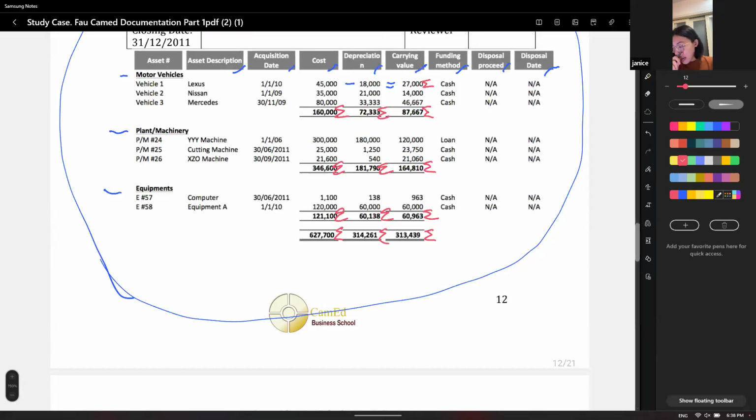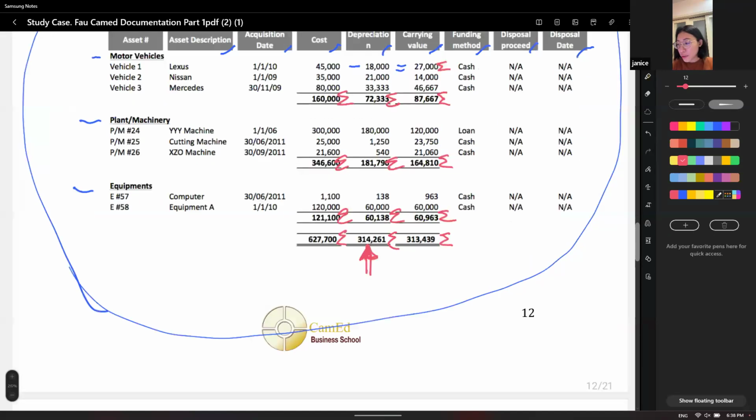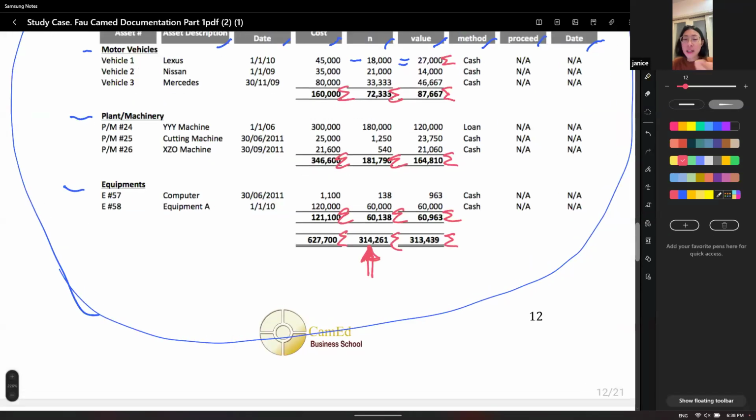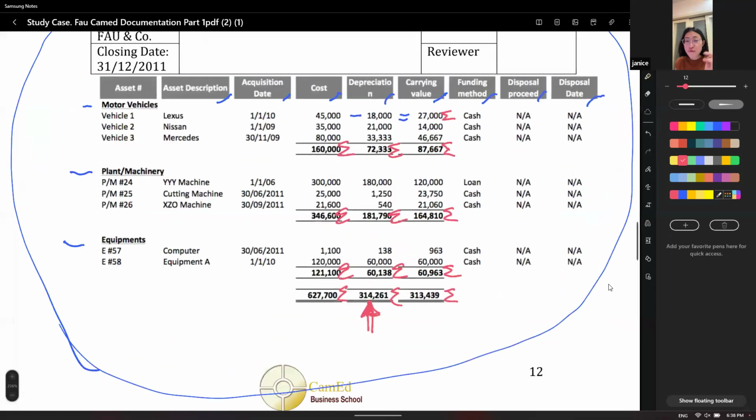Now, the second thing we would actually do is check the depreciation amount, whether it is done correctly or not. So we're gonna look at the formula, look at the depreciation rate to make sure it is really within the useful life.